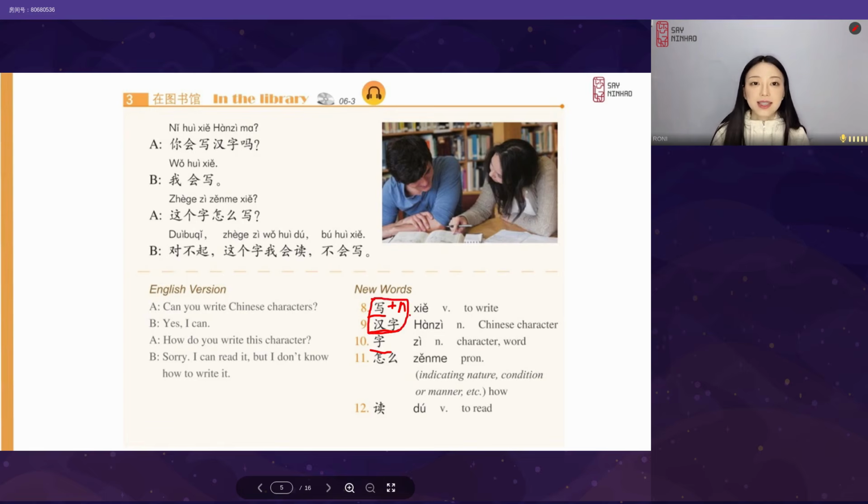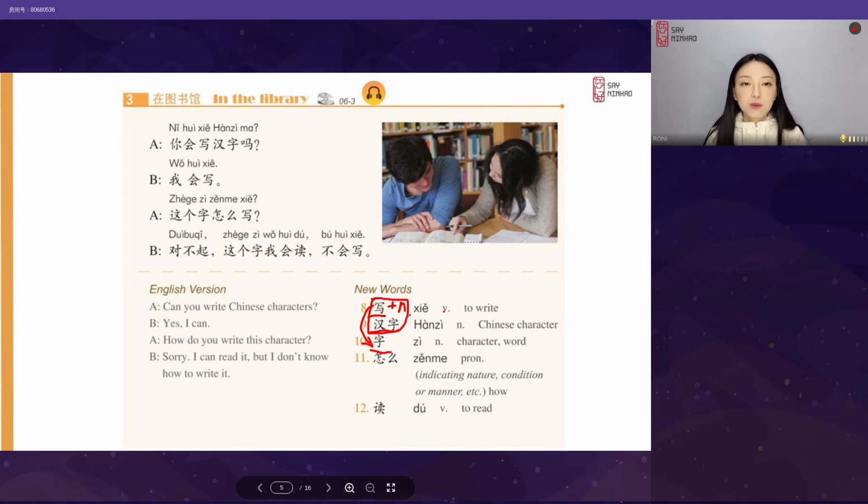写汉字 is write Chinese character. Now try to say write character. It is 写字, right? 写字. Okay, try to say write name. Does any one of you still remember it? 写 what?